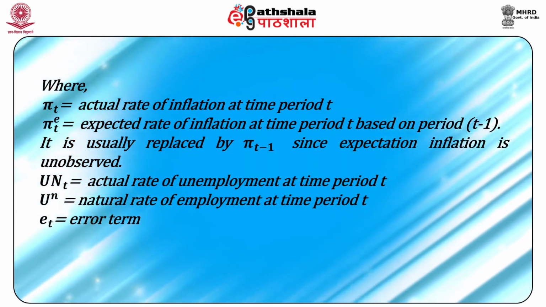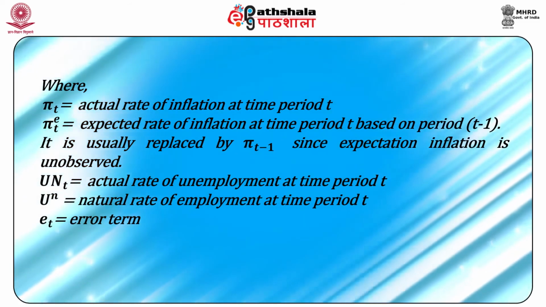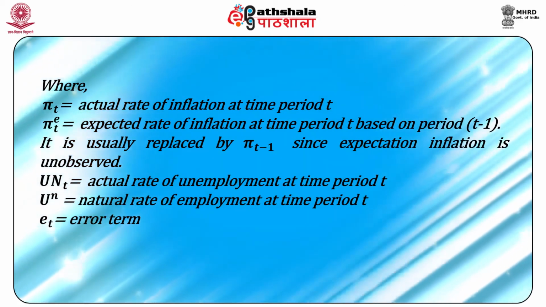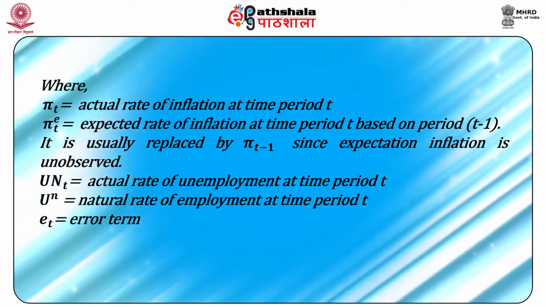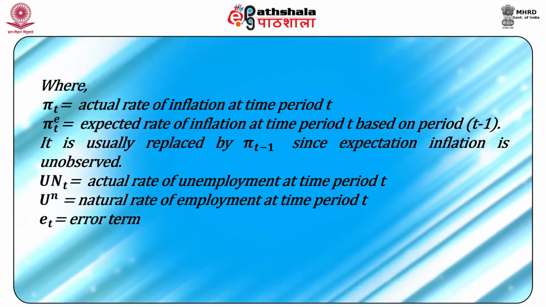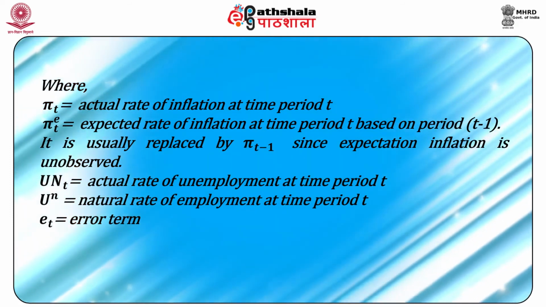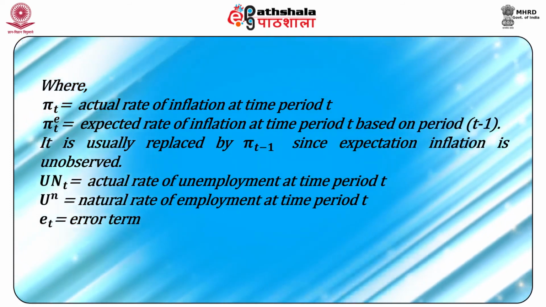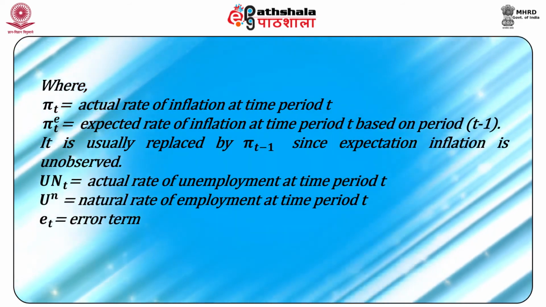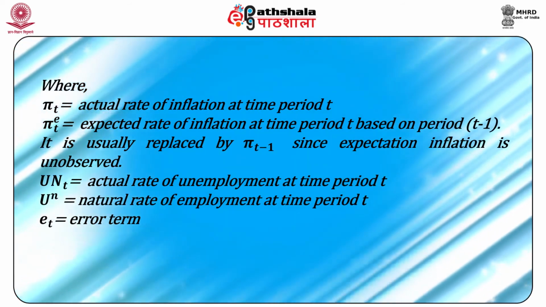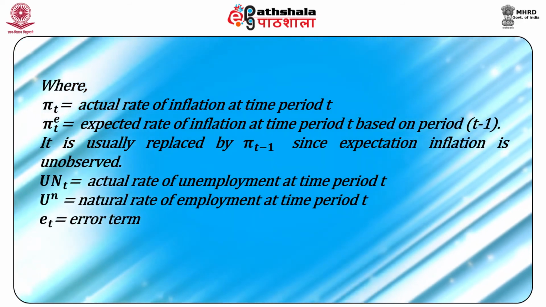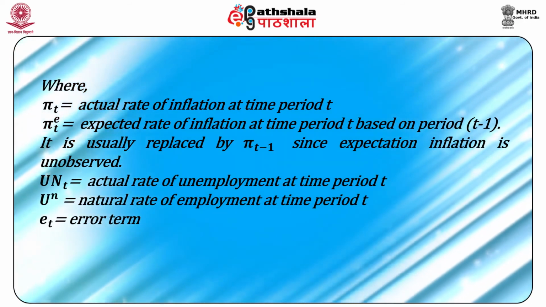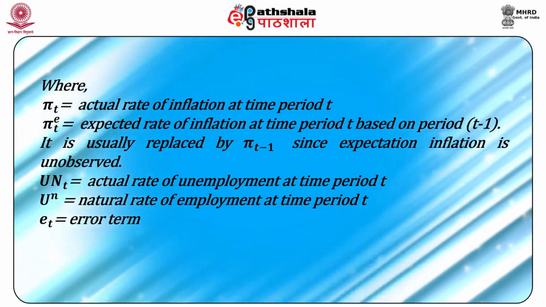Now, it is usually replaced by pi t minus 1 since expected inflation is unobserved. Now, ut is defined as the actual rate of unemployment at time period t and u raised to power n is defined as the natural rate of unemployment. Et, as usual, is our error term.